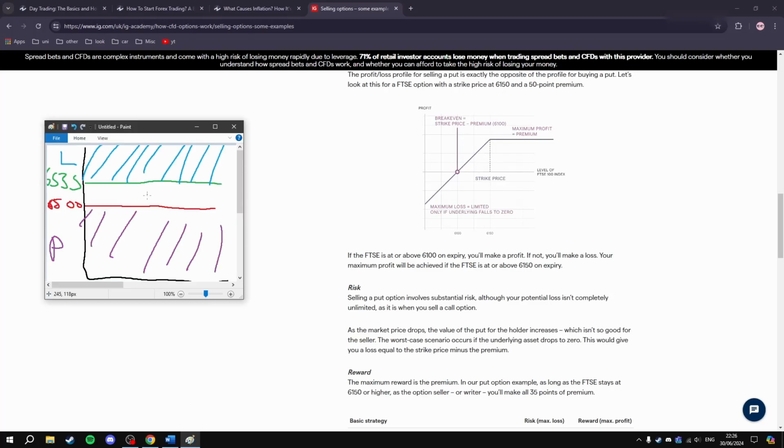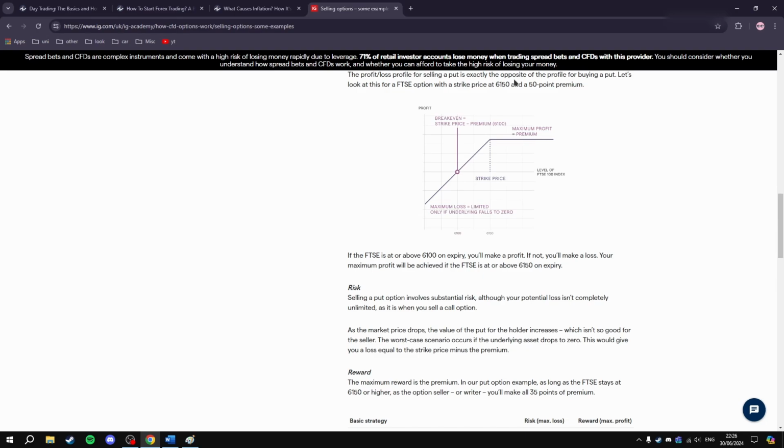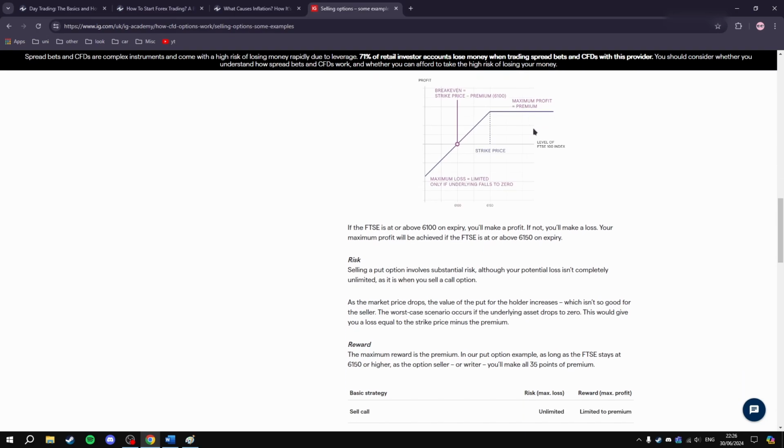If the FTSE is at or above 6100 on expiry, you'll make a profit. If not, you'll make a loss. Your maximum profit will be achieved if the FTSE is over or at 6150 on expiry. So your maximum profit again is the premium. So the maximum profit sellers can make is the premium, that's it.